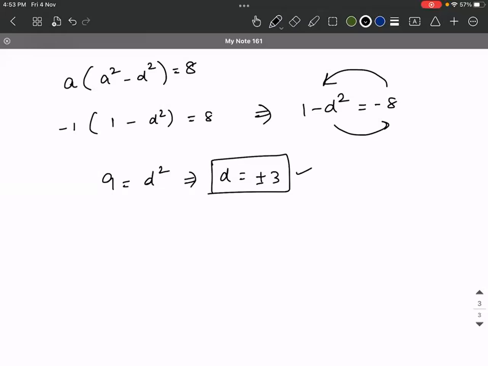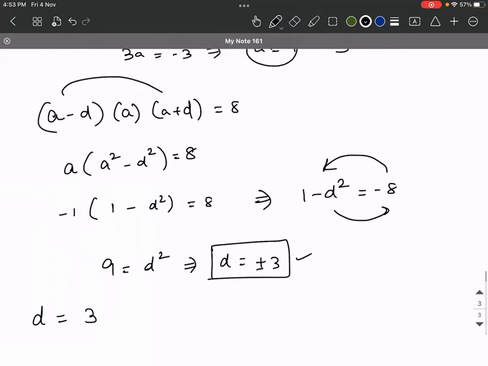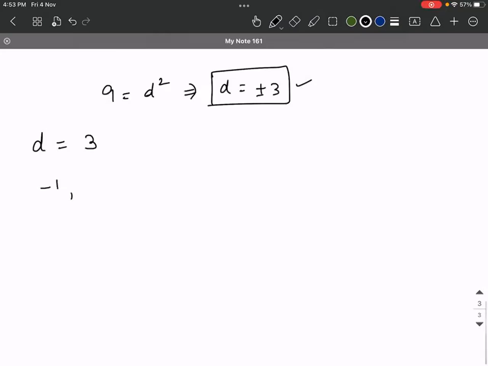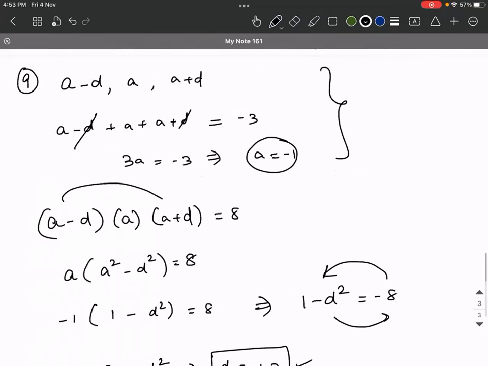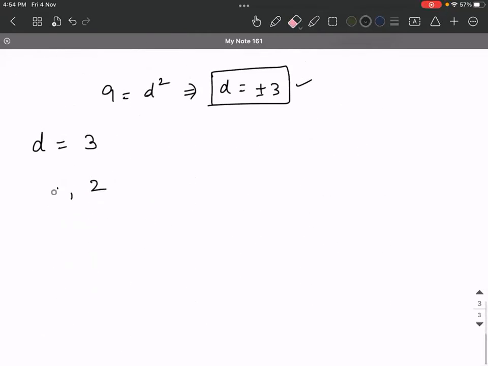Okay. So when the common difference is going to be 3, how will the pattern look? Oh, sorry, A is the middle term, no? You need to be careful with this. Minus 1, and you add 3 to it, it is going to be 2.